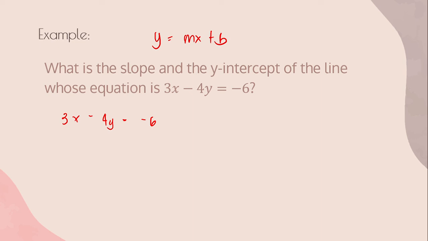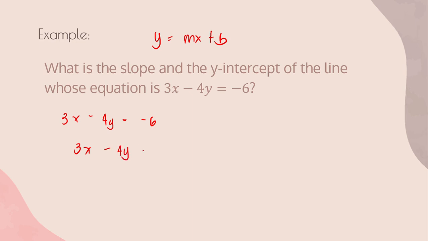So we have to subtract 3x on both sides. Why? Because look at the equation, only y should be on one side of the equation. So we need to remove 3x. So we have to subtract 3x on both sides of the equation.